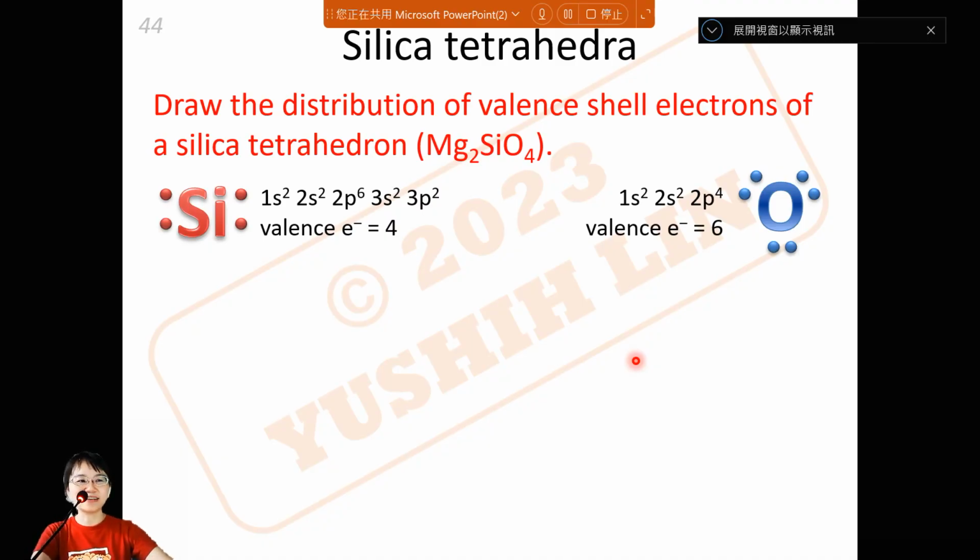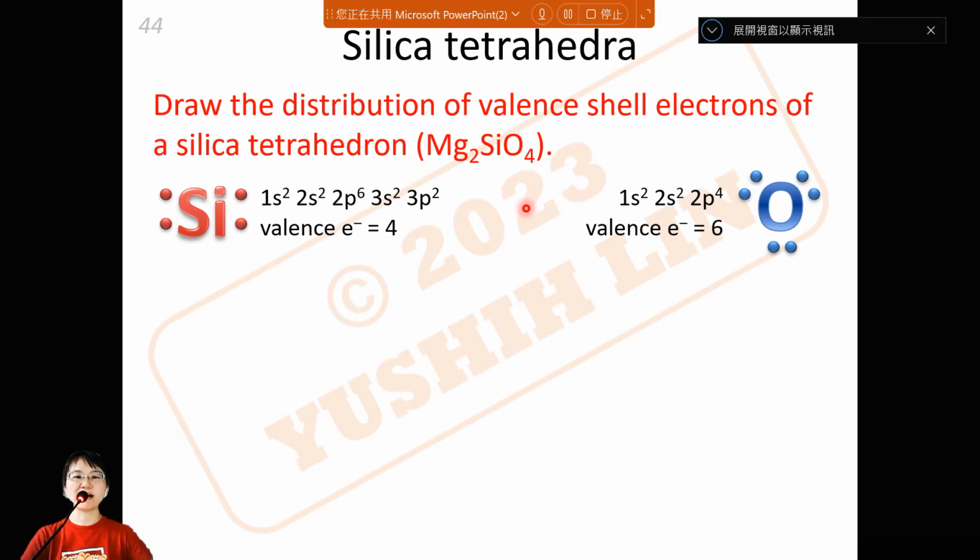Silica tetrahedra. Draw the distribution of valence shell electrons of a silica tetrahedron, which needs to have an external metal, which is magnesium in this case, silica, and oxygen here. The valence shell electron number is 4 for silica and 6 for oxygen.